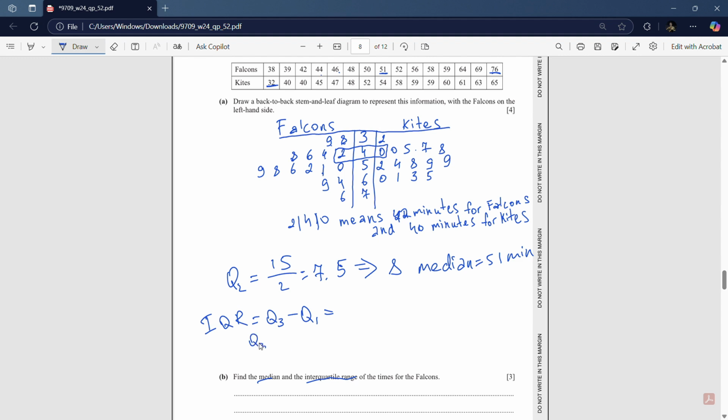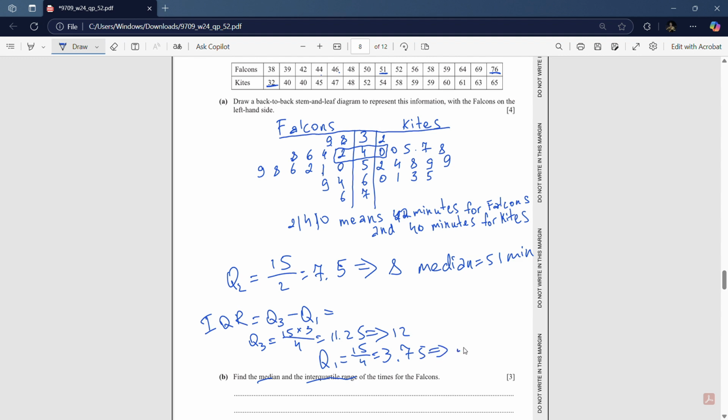Okay, 3n over 4, which gives us 11.25, which means we should be looking for the 12th. And for the lower quartile, 15 over 4, which is 3.75.